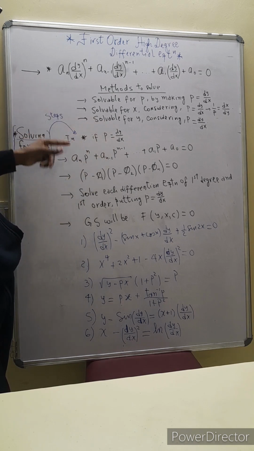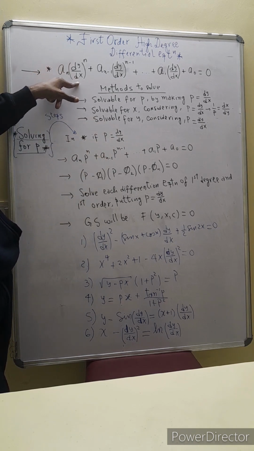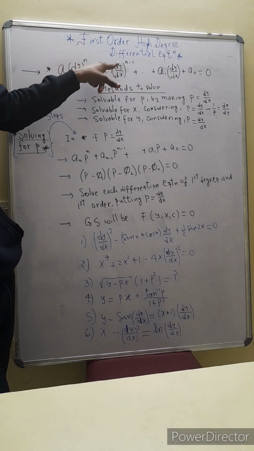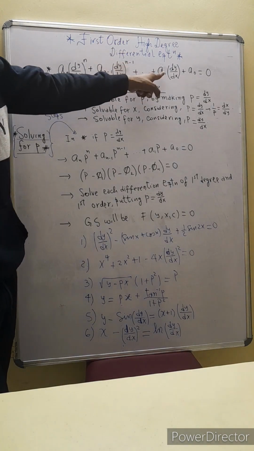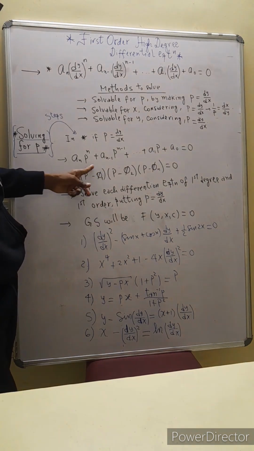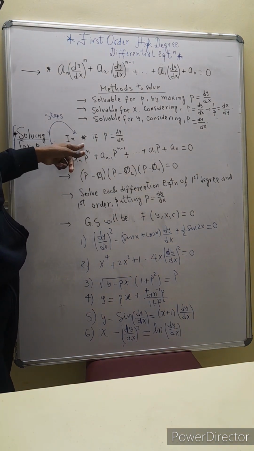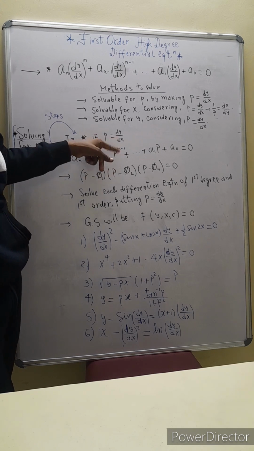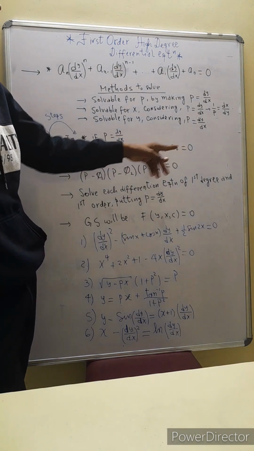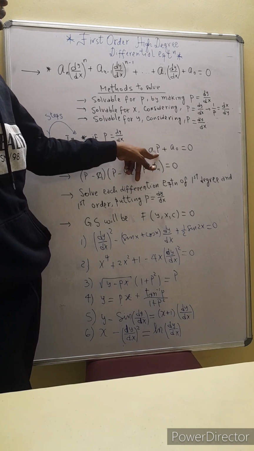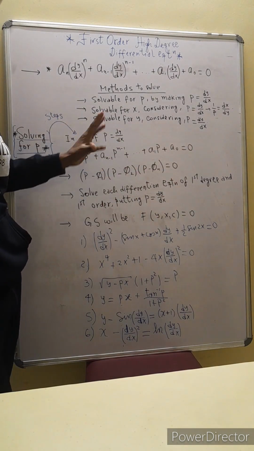Then we will have p raised to n, then p raised to n minus 1, and so on, plus a1 p plus a0.